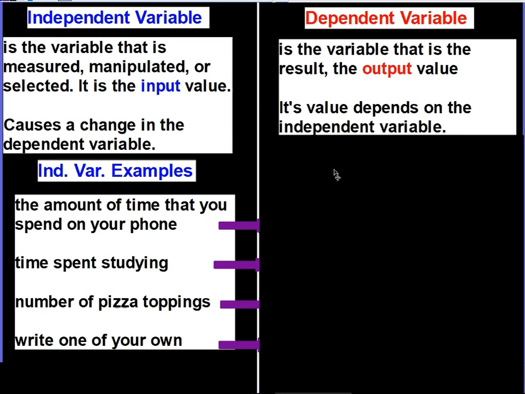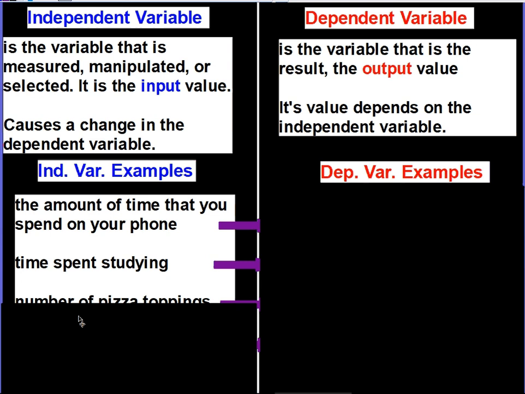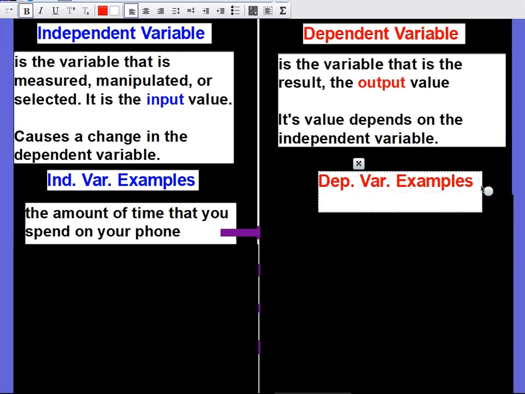So now, as we're scrolling down here, we have some dependent variable examples. Let's isolate this a little bit. If your independent variable is the amount of time that you spend on your phone, an example for what is affected, and let me type that in so you know what word I'm using.